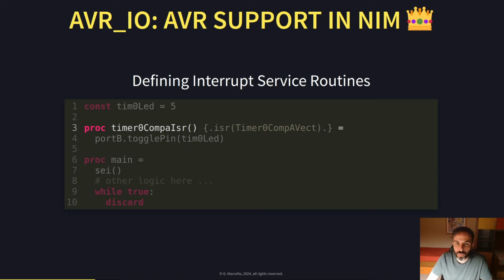Then you specify whichever interrupt vector you want this procedure to be called for when that interrupt is fired. In this case, whenever this is fired, we're going to toggle pin 5 of port B, using this toggle pin utility.